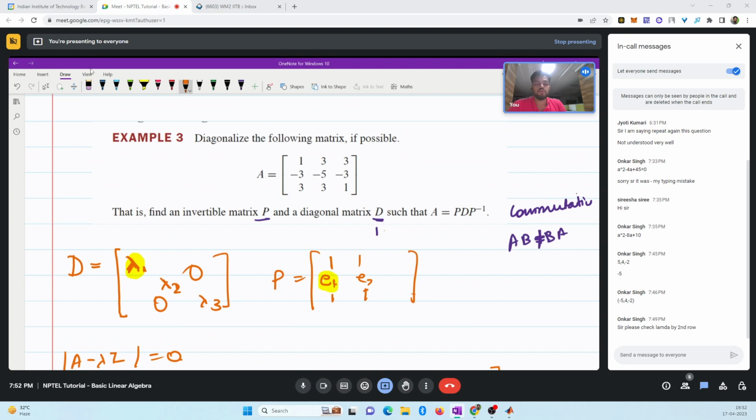I'm doing A minus lambda I, and lambda is minus 2, so this would be plus 2I. The matrix that I would obtain is [3, 3, 3; -3, -3, -3; 3, 3, 3]. This is the matrix that I obtain.